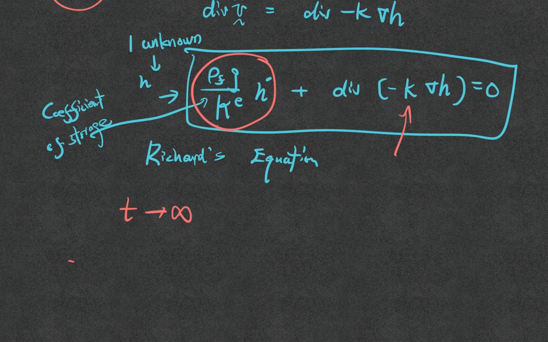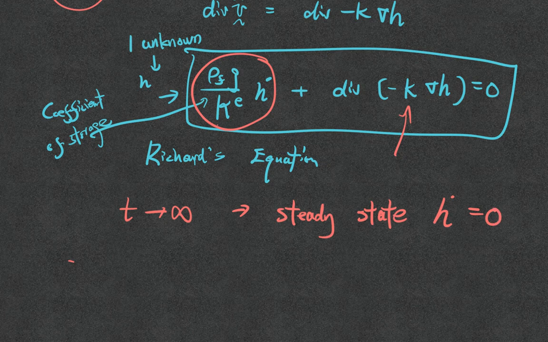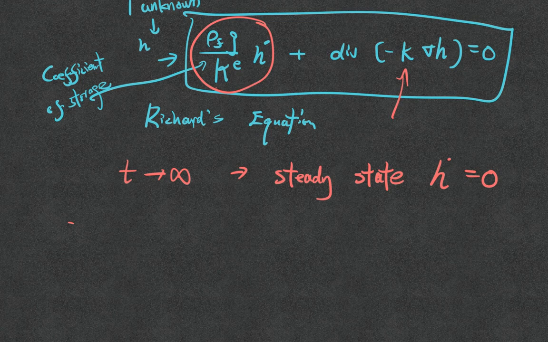But if you wait long enough to get rid of the rate-dependent effect, then you reach something called steady state. The special thing about steady state is that h is no longer a function of space and time, only a function of space. So h dot equals 0, right? If h dot is 0, I get back to these equations.